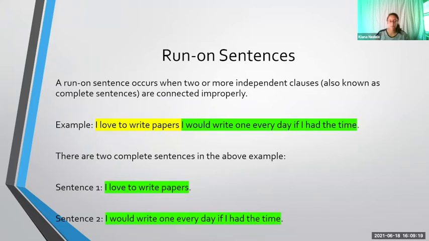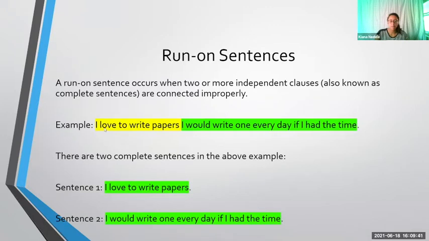So a run-on sentence is when you have two or more independent clauses, i.e. complete sentences, and they're connected improperly. What does this mean? So an independent clause, you have a subject and a verb. I love to write papers.